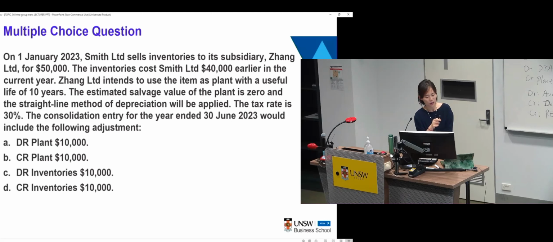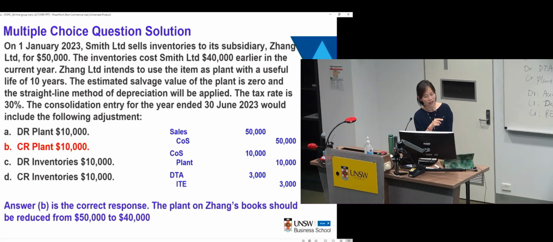So your consolidation worksheet entries involve the elimination of sales revenue, because the seller sells inventory, right? You also have to eliminate the cost of goods sold, because the seller sells inventory that is included in the seller's record, there is a sales and cost of goods sold, which from the group perspective, these revenue and expense do not exist.